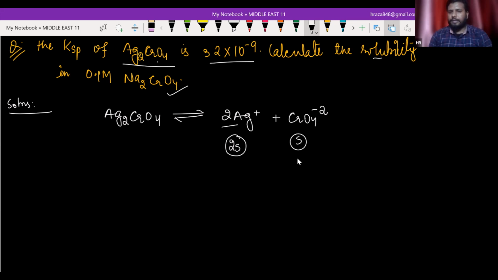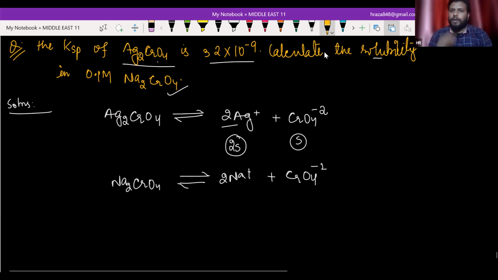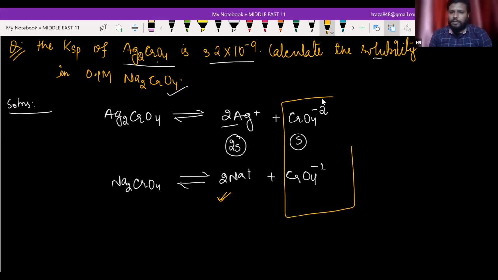Again, we have a similar compound, that is Na2CrO4, and if you see the dissociated ions, that will be basically 2Na plus and CrO4 minus 2. Again, we don't have to do anything with this, but we have to do with the common ions.